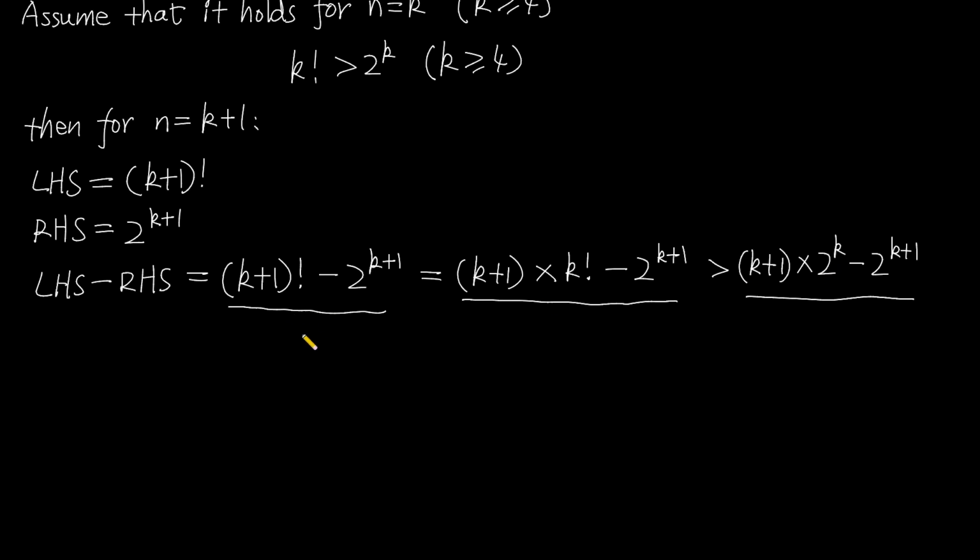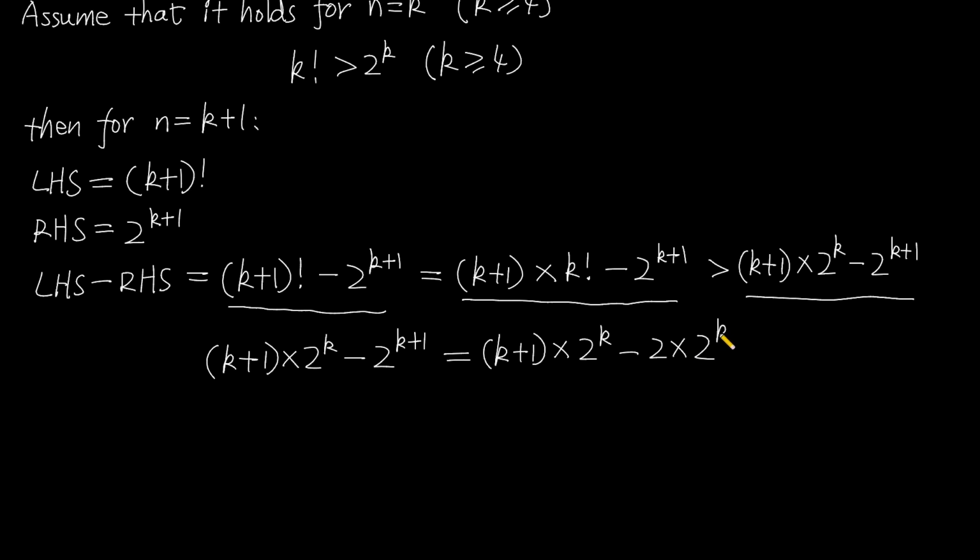Then let's check k plus 1 multiplied by 2 to the power of k, minus 2 to the power of k plus 1. This equals k plus 1 multiplied by 2 to the power of k, minus 2 multiplied by 2 to the power of k.